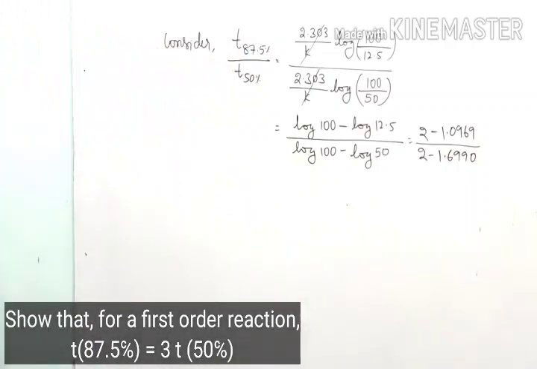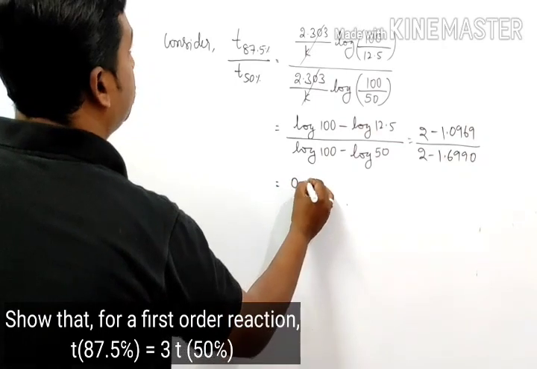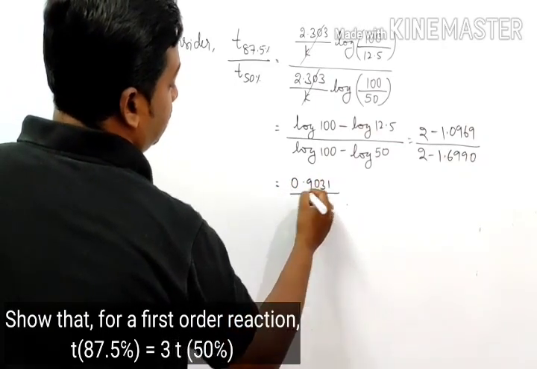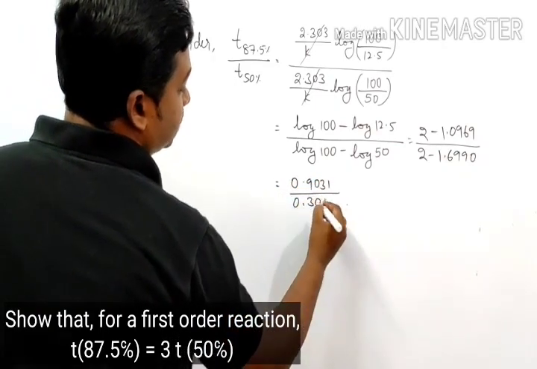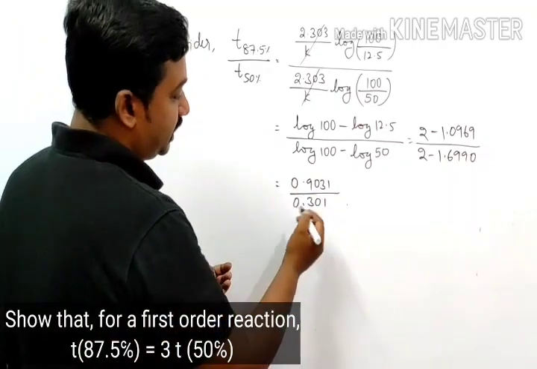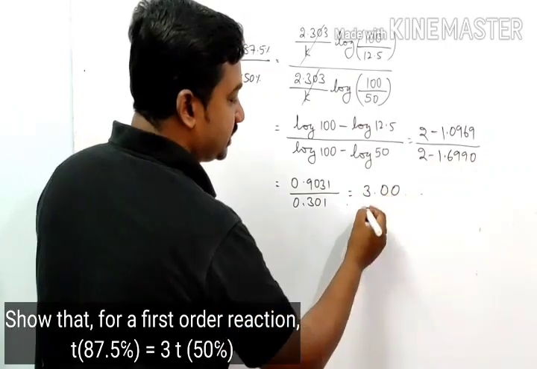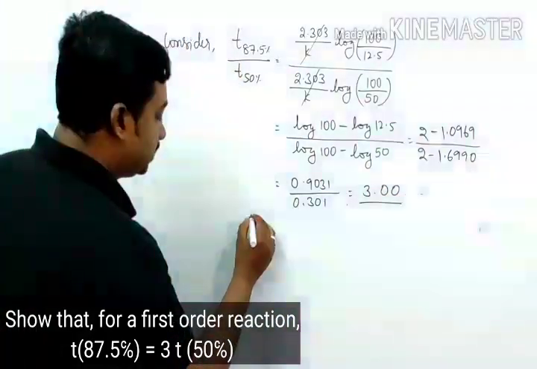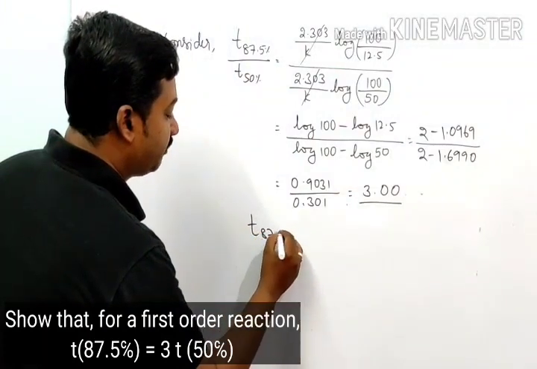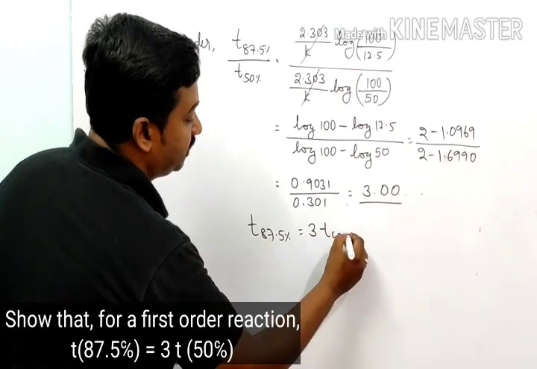So these are the log values. The ratio becomes 0.9031 by 0.301. Now the ratio is very simple, 3 and 9. So definitely you will get 3.00 etc. And that proves that T 87.5% is equal to 3 times T 50%.